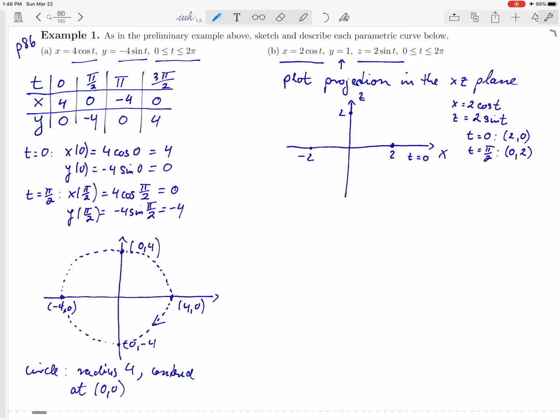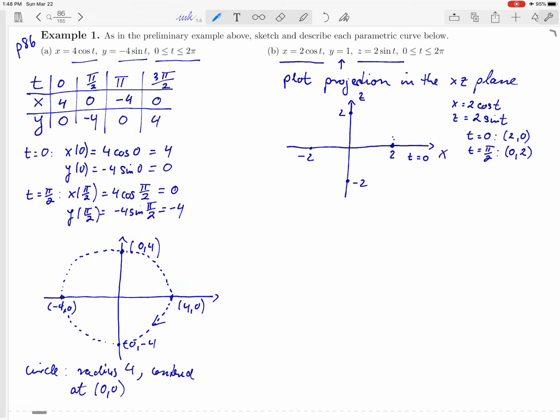And when you plug in 3 pi over 2, then you are down here on the z-axis at minus 2.